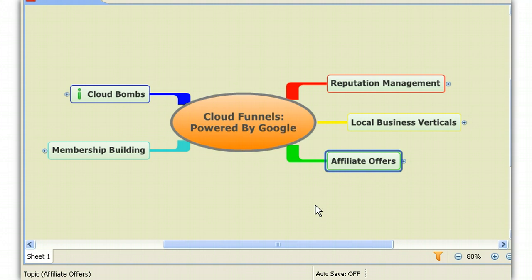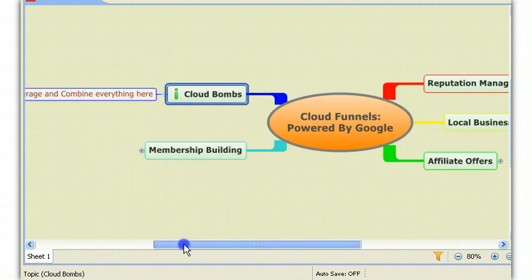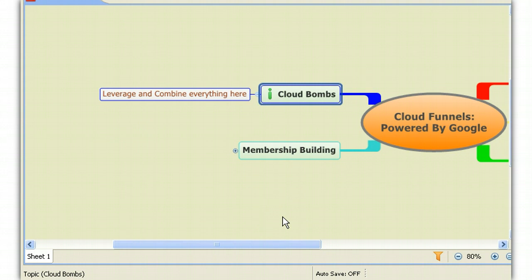It's the same idea. You can use it for membership building. I've used it to build up Facebook fan pages and groups, as well as Google Plus communities, believe it or not. And then I want to show you how to combine all these things to do something that I think is pretty ninja. I hate that word, but most people seem to understand what it means. It's just stealthy and innovative, right?